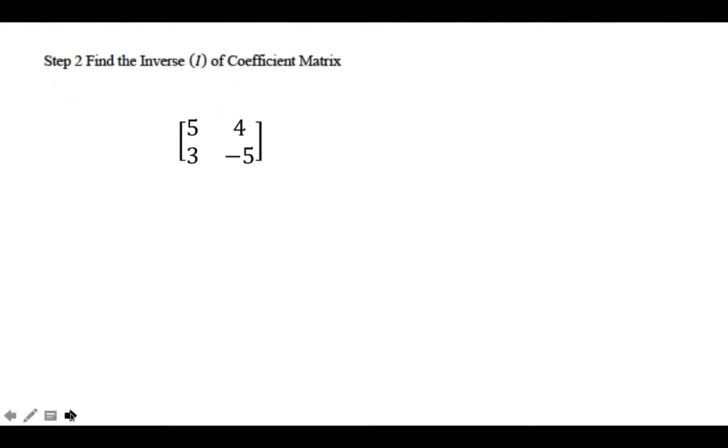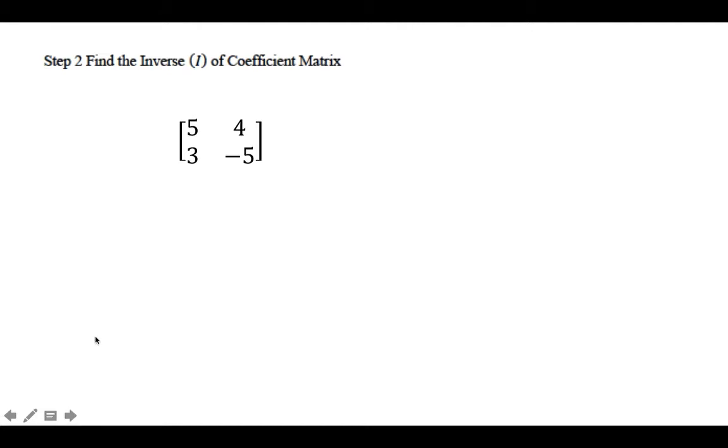Now the next thing is to find the inverse of the coefficient matrix. Remember, the coefficient matrix was 5, 4, 3, negative 5. Last class period, we worked on finding the inverse.